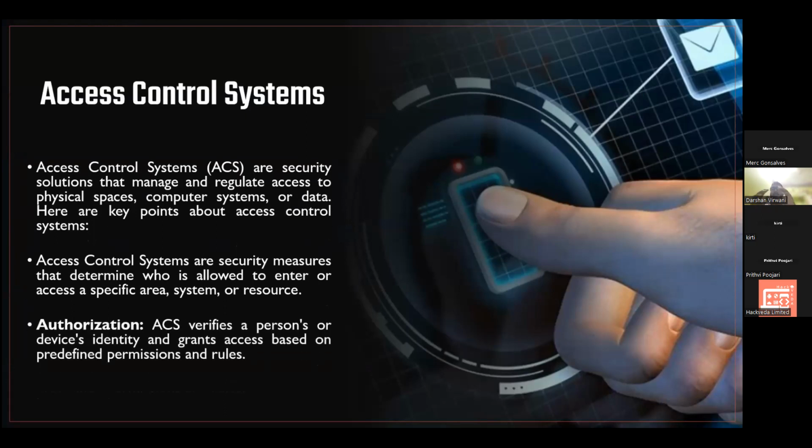Next, authorization. Access control systems verify whether a person is authorized or unauthorized according to their biometrics, face recognition, iris recognition, or some type of cards which are given by their employers.